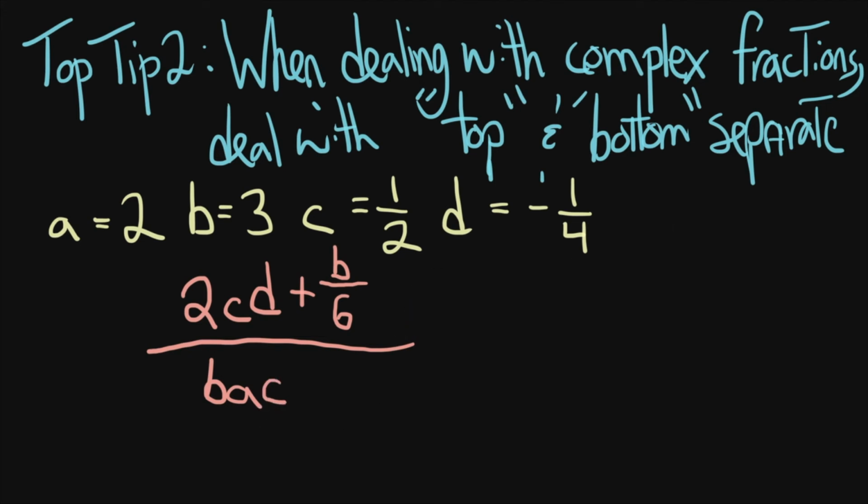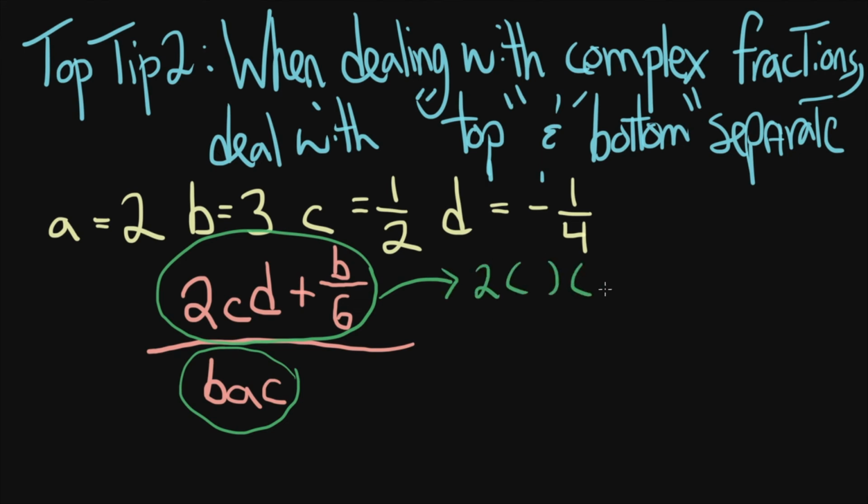So here we go. My top tip said deal with the numerator and denominator separately. That's what we said. So you want to look at this as two separate questions. This is the first question, and you have a second question down here. Deal with them separately. So we're going to deal with them separately, still using our bracket rule. So 2 times this bracket plus this bracket over 6.